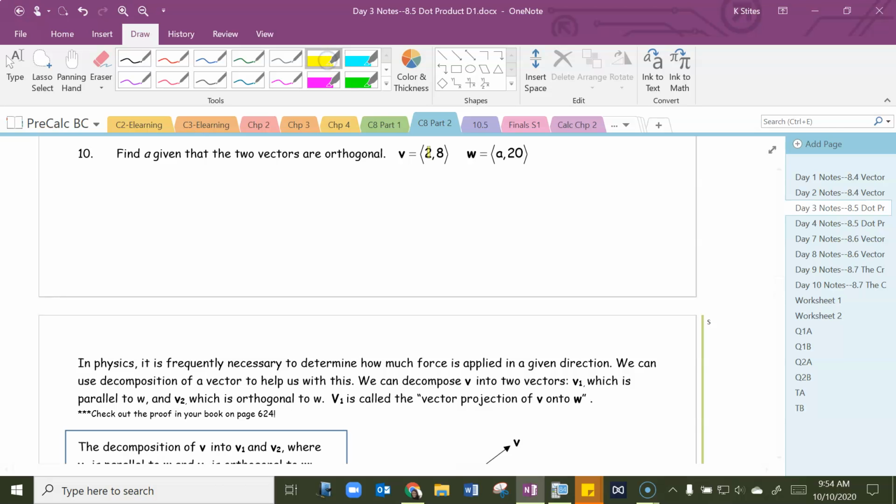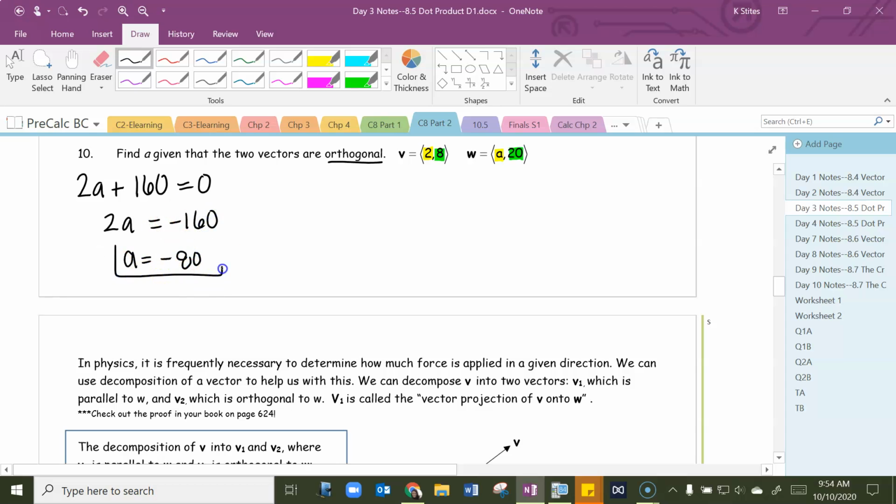So if we use the dot product, we know that we should have 2 times A plus 8 times 20, which is 160. And when we have orthogonal vectors, we should know our dot product is 0. So we can just set that equal to 0, and then we can go ahead and solve this. So we would get A equals -80.